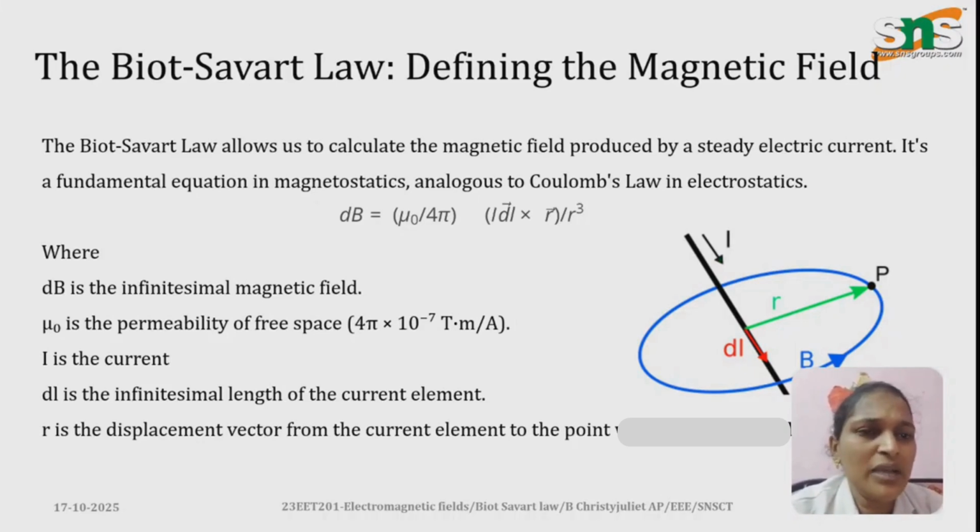Biot-Savart's law basically states that the magnetic flux density is directly proportional to the current element I dl and inversely proportional to the square of the distance between them. Therefore dB is proportional to mu naught by 4 pi, times I dl by r square.